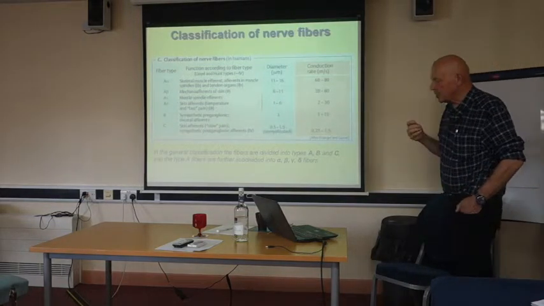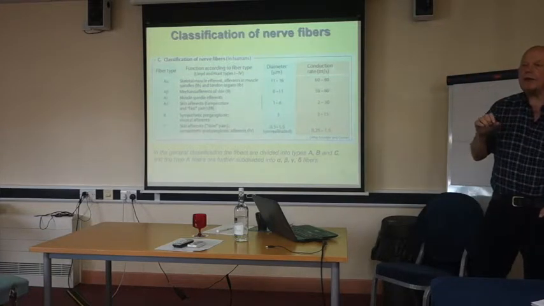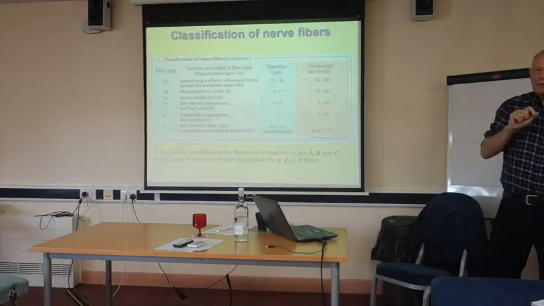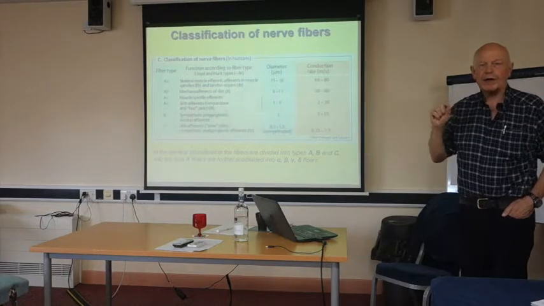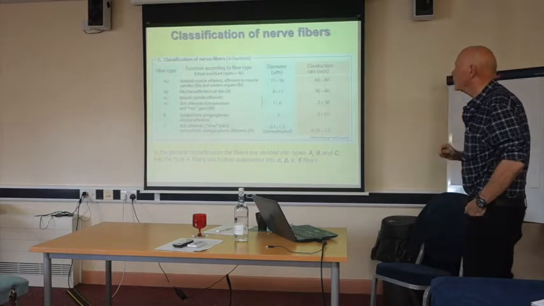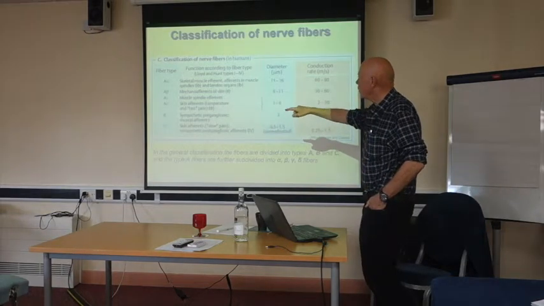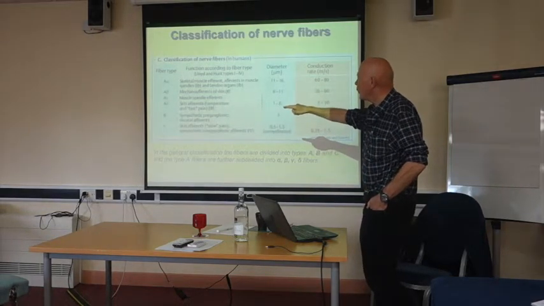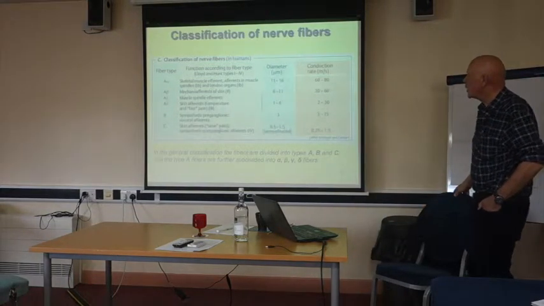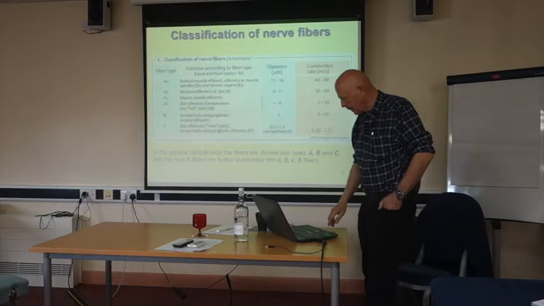So some information needs to be dealt with very quickly, so that it's sent along large myelinated fibres. Others, information can kind of chug along at a slower rate, and so it's sent in thinner fibres that maybe aren't myelinated. And not that I'm expecting you to remember it, but there's some instances there of what the different types of fibres might actually be doing, and whether they're large or small.